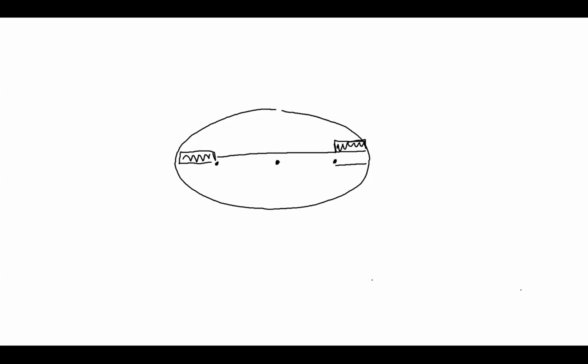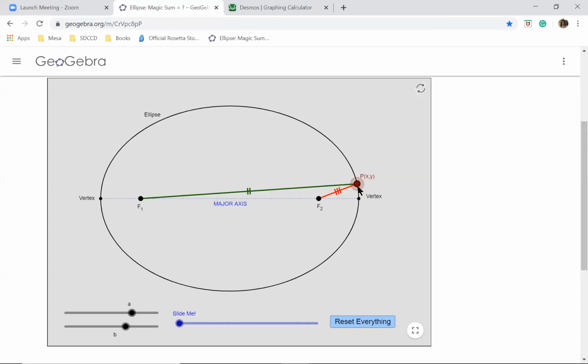Let's go back here and look at that again. When I am at this location and I'm taking the green segment and the red segment, adding them together, it's going to be a distance of 2A. So what that tells me is that no matter where I am, if I add these two segments together, the total distance will be 2A. So what if I go right here to where this point on the ellipse is directly on what we would consider the y-axis, so that the length of these two is the same?